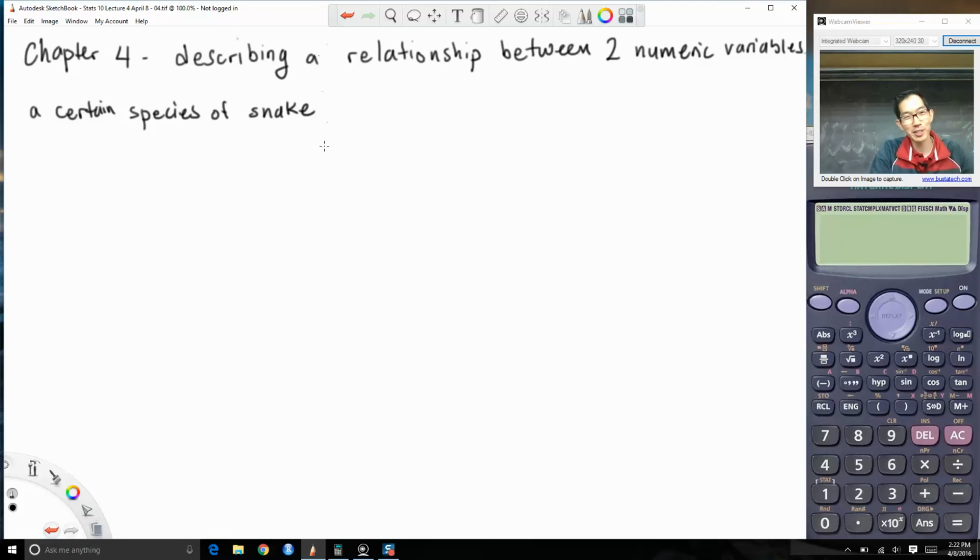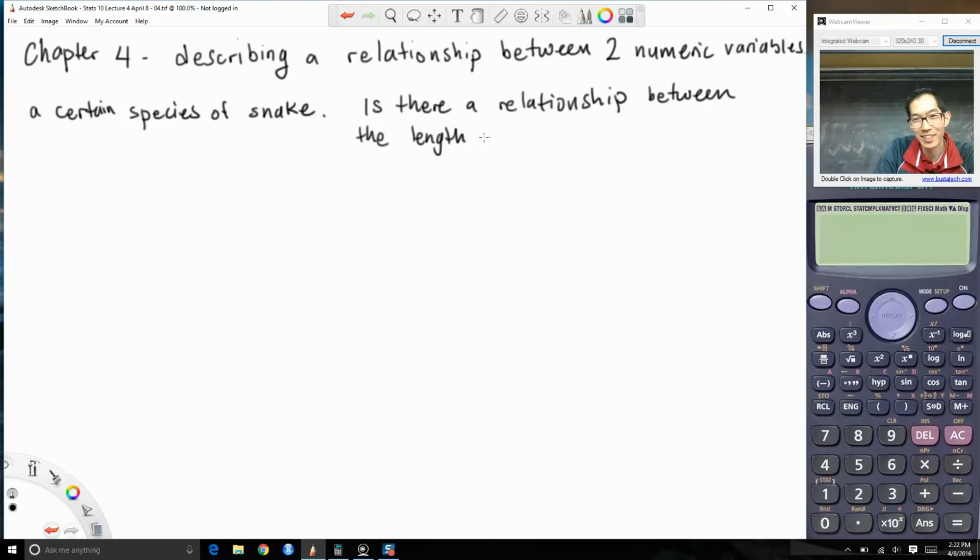Okay, so we're going to look at a certain species of snake, and we want to know, is there a relationship between the length of a snake and its weight?